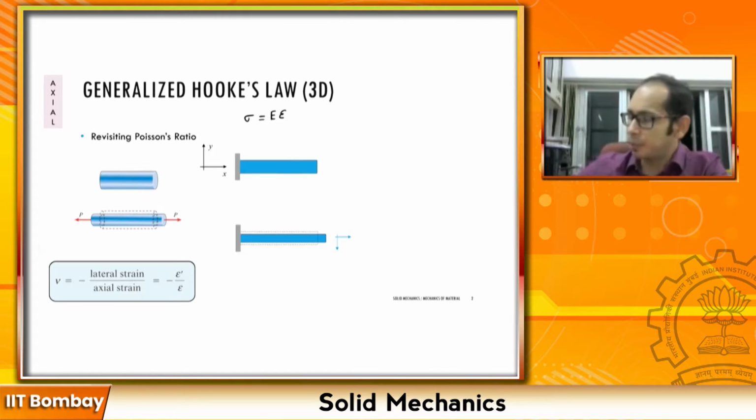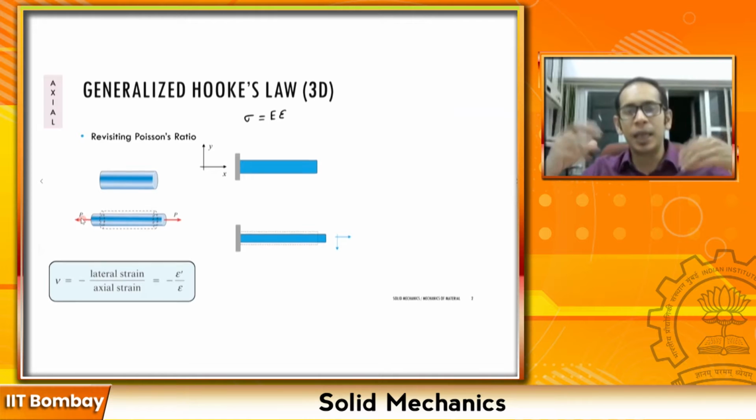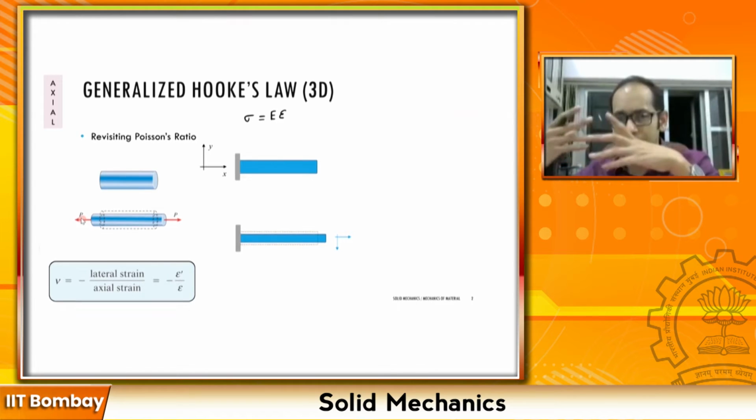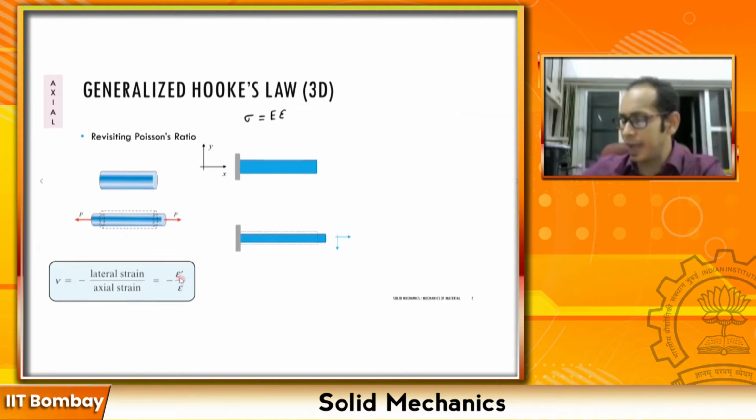Remember, the Poisson's ratio was the ratio of the lateral strain divided by the longitudinal or axial strain. If you are pulling with a force P on either end, you have an expansion of the material along with a contraction in the lateral direction, and because they are of opposite natures, you have the negative sign, so you had negative of epsilon prime by epsilon, right?